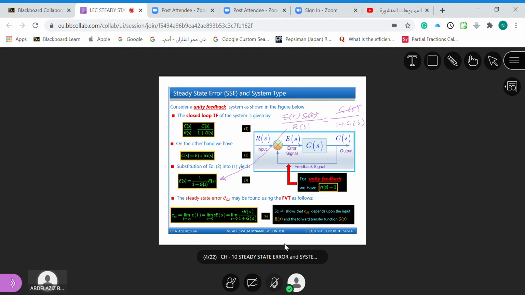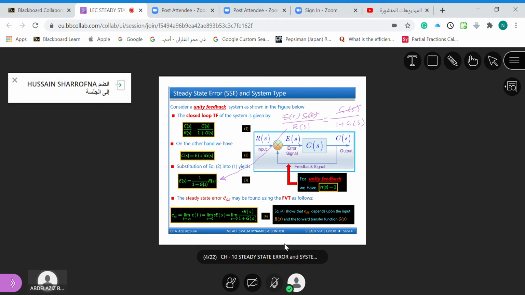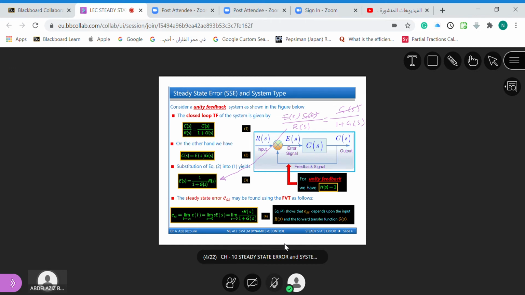The final value theorem tells you that this limit is simply the limit of S E of S when S goes to 0. We have E of S, we need just to multiply it by S, and if you multiply S by E of S, this is what we will find.